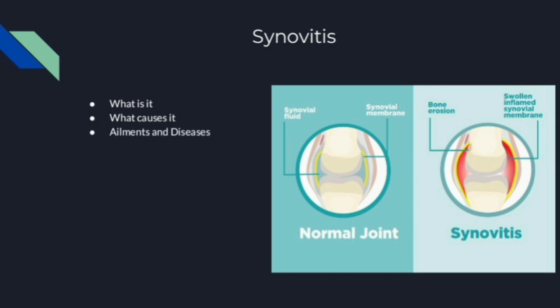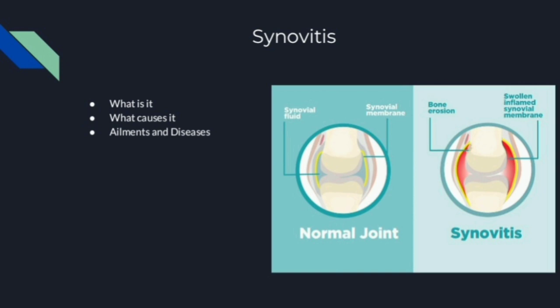Some common conditions that cause synovitis to occur are things such as traumatic injury, gout, autoimmune diseases, infections, and the most important, which we will refer to many times throughout this presentation, is arthritis, specifically rheumatoid arthritis and osteoarthritis, which are the most common to be presented with synovitis.